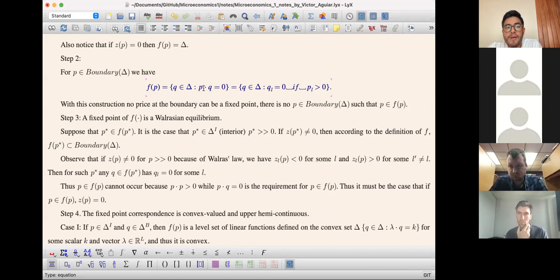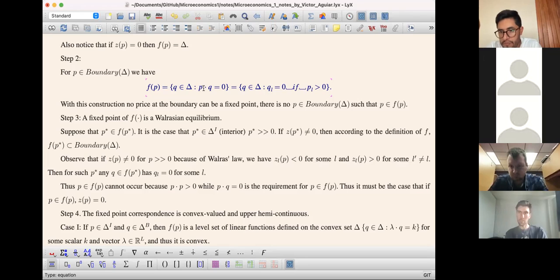When you have this definition at the boundary, you are ruling out fixed points happening at the boundary. So there is no P that belongs to the boundary such that P is inside the image of F of P. If the input price is positive, then the image in the boundary is going to be 0. In other words, this is forcing the fixed point to not live in the boundary.